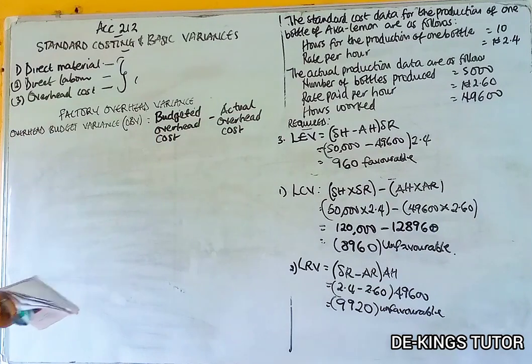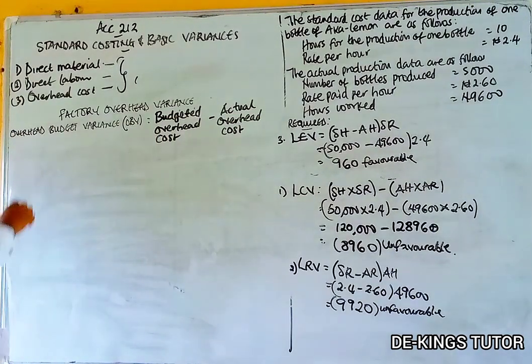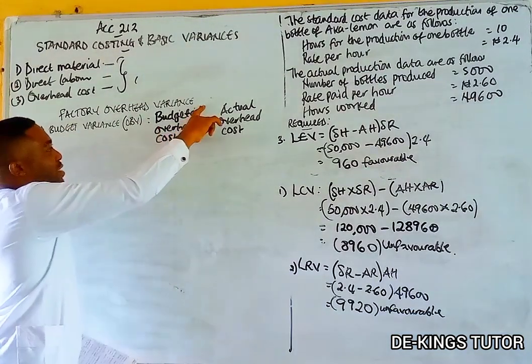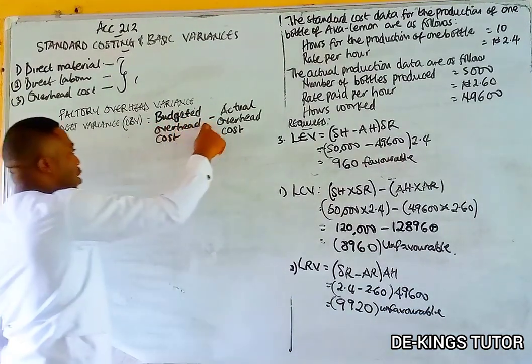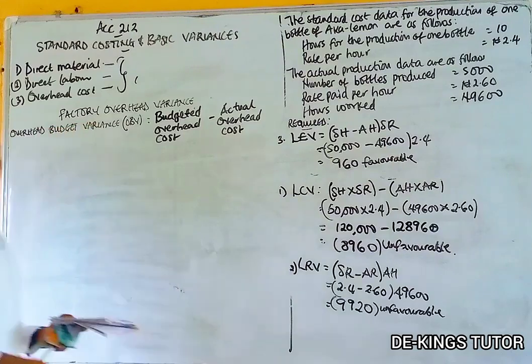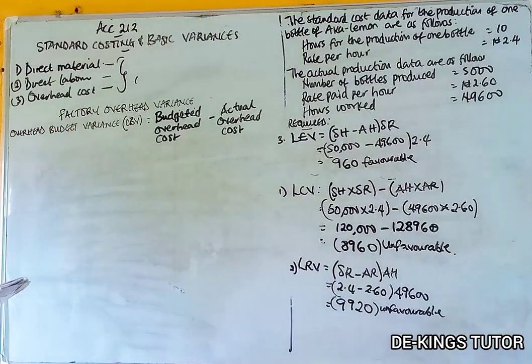And the first one is budgeted overhead cost minus the actual overhead cost, to give overhead budget variance. It means what they budgeted as what they will spend in terms of overhead minus what they actually spent in overhead. Now, the second one?